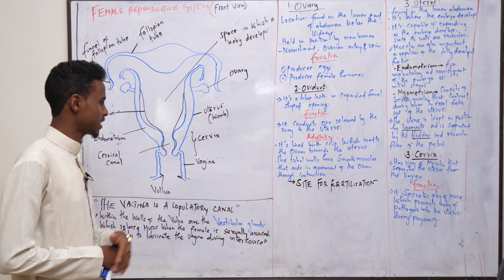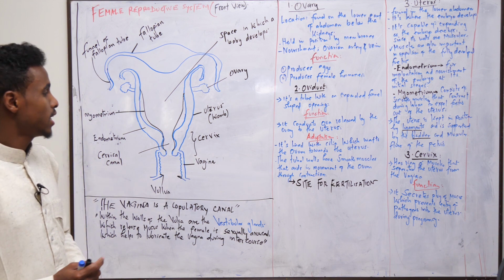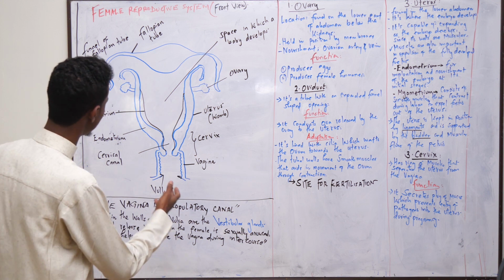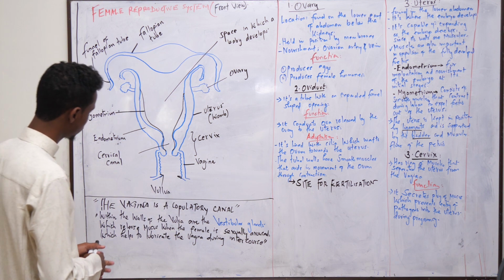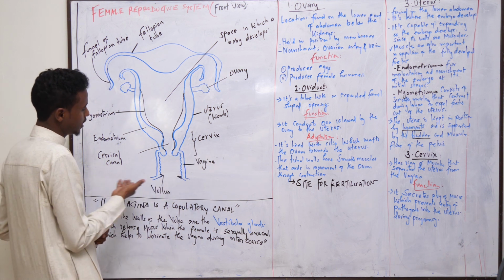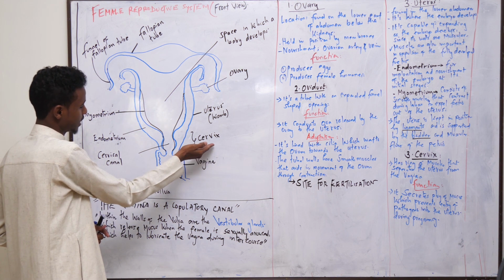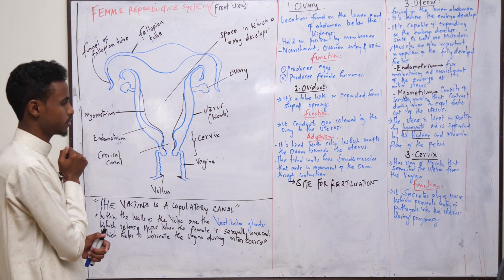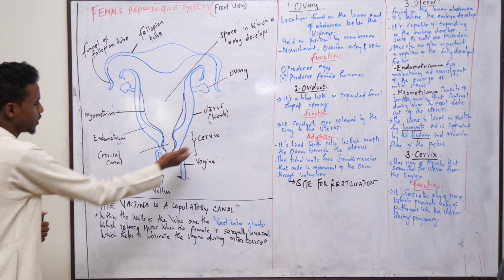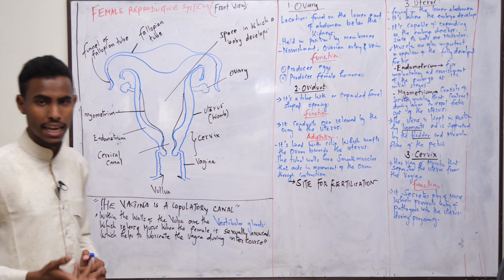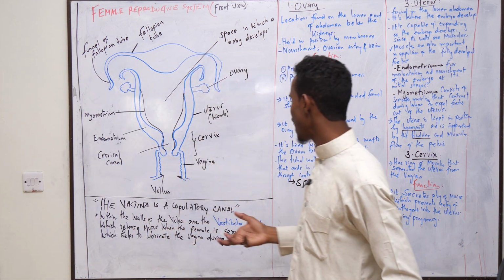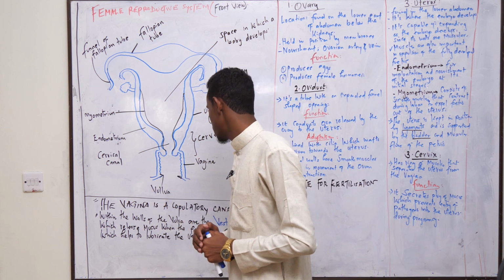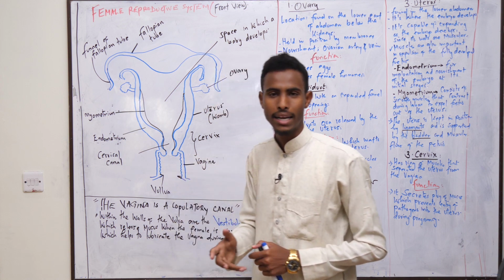Now let's go to the cervix. The cervix has a ring of muscles that separates the uterus from the vagina. Now, what is the function of the cervix? The cervix, class, secretes a plug of mucus that prevents entry of pathogens during pregnancy.